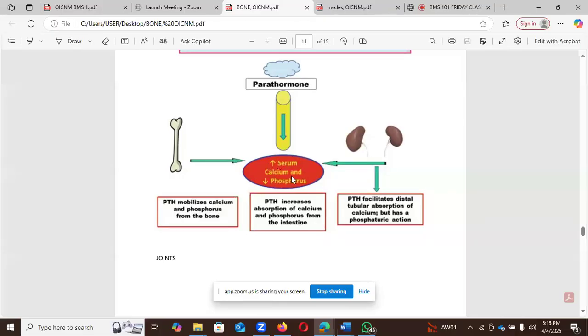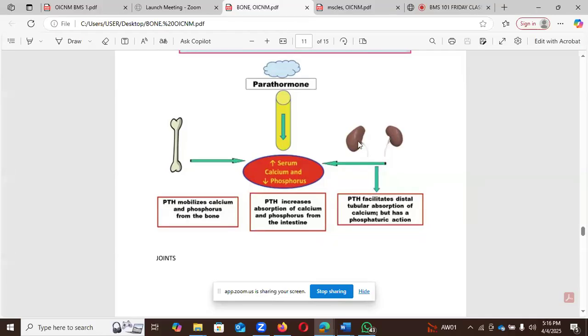So when it's low, it mobilizes calcium and phosphorus from bone to be released into the blood. This hormone also acts on the kidney. So the third organ is the kidney. You have the bone, the intestine, and the kidney, the organs that regulate the level of calcium and phosphorus. This hormone also prevents loss of calcium and phosphorus from the kidney.